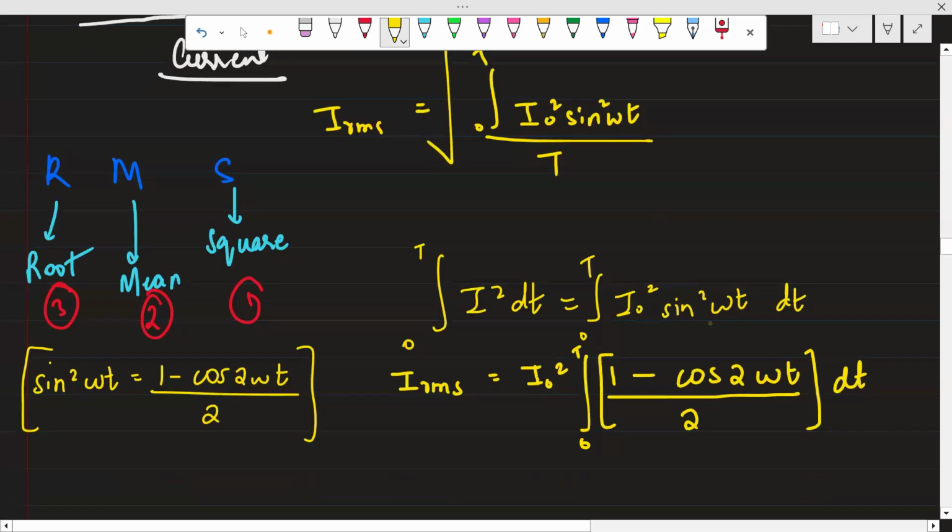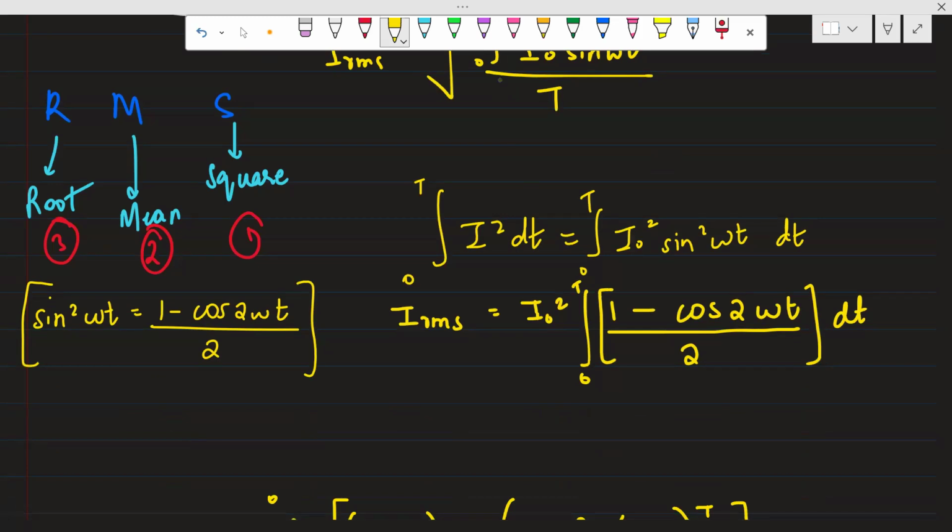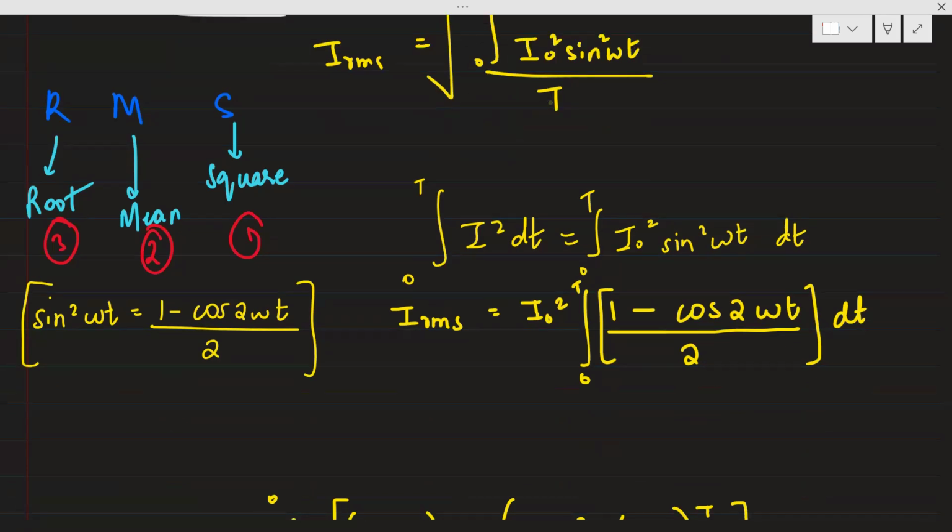Now when we put it, we are solving this term first. At the end we'll divide it by capital T. Just the above part we are solving. Root and capital T we can put later on. Sine square omega t has an identity: 1 minus cos 2 omega t by 2. So we put it over here.